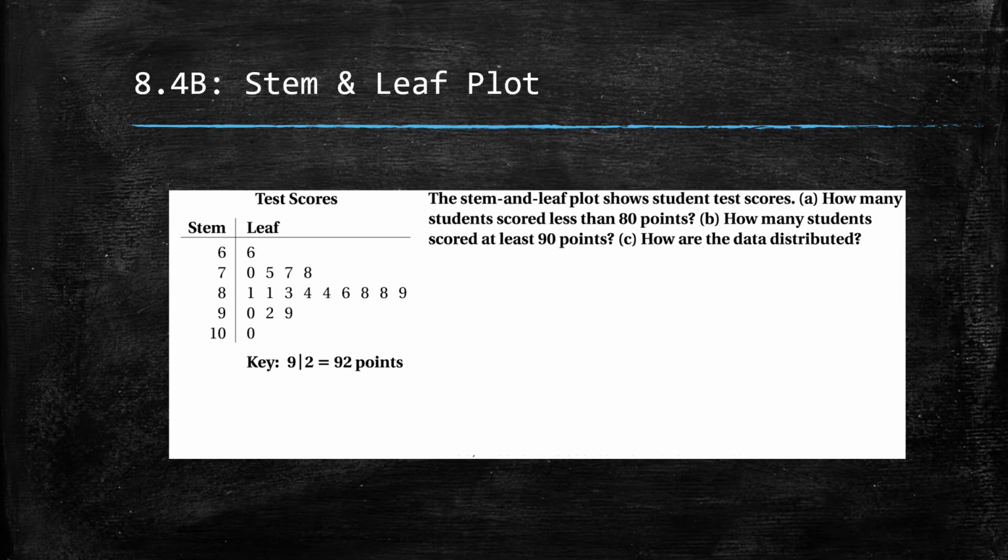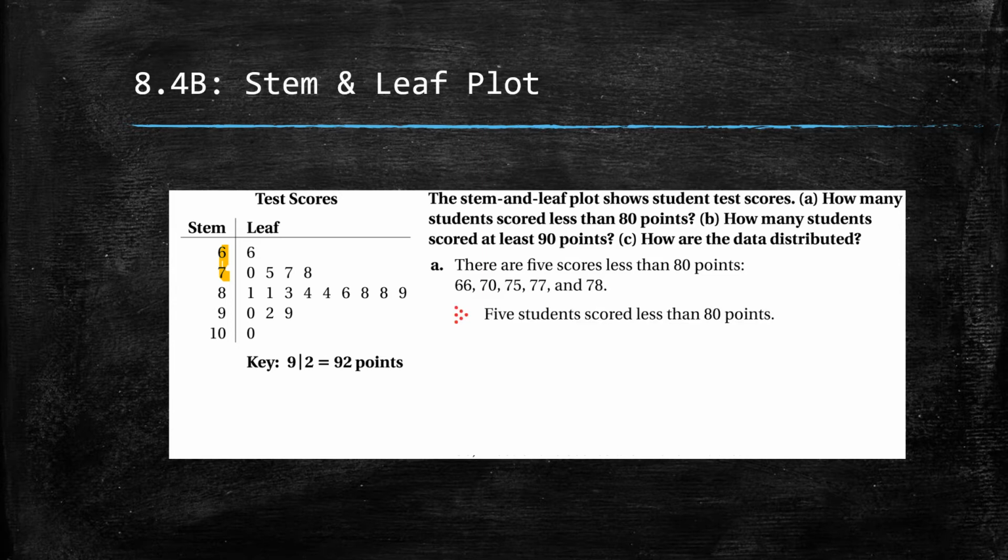I can come over here. Anything less than 80 would be included in the 70s and the 60s. So I can see that I have 66, 70, 75, 77, and 78, and that's a total of 5 data points. So 5 students scored less than 80 points.